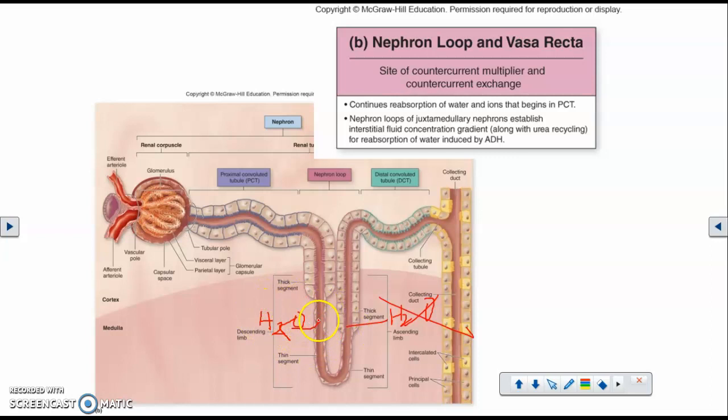But most of the time, ladies and gentlemen, in this portion, a lot of this is actually reabsorption of water, and also reabsorption of ions in this case. A lot of things, FYI, actually do not enter in this case. There's actually zero secretion, if you want to think about it, that occurs in the loop of Henle, with some minor modifications.